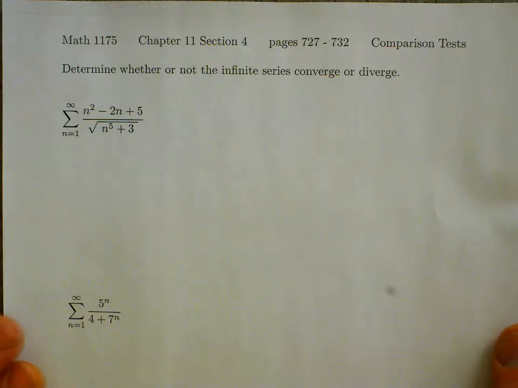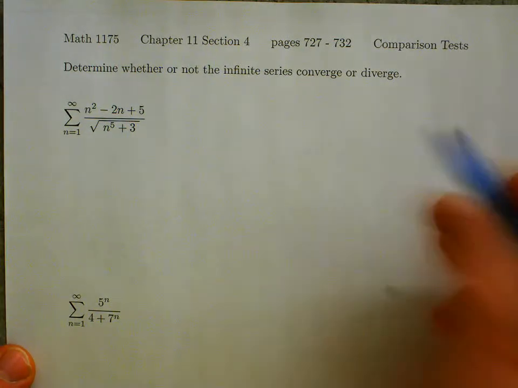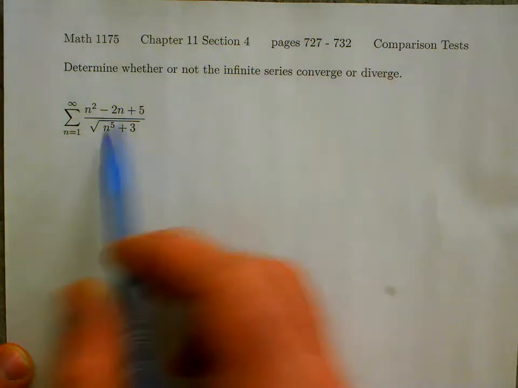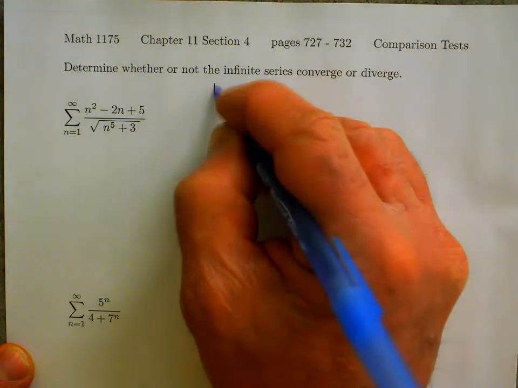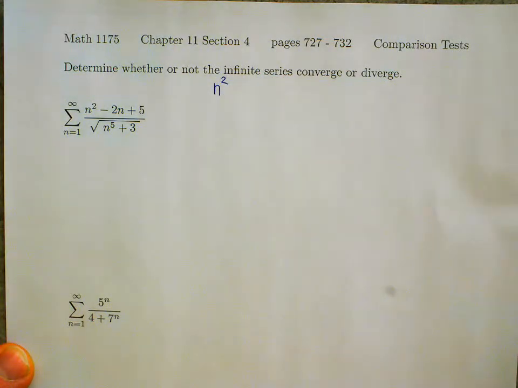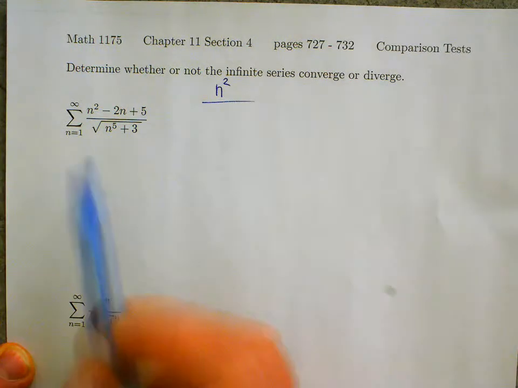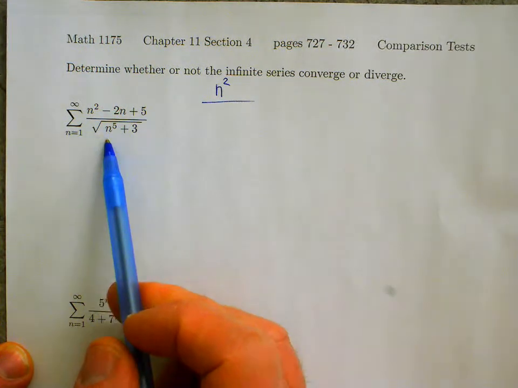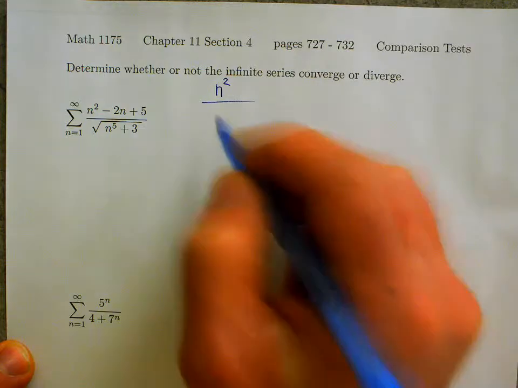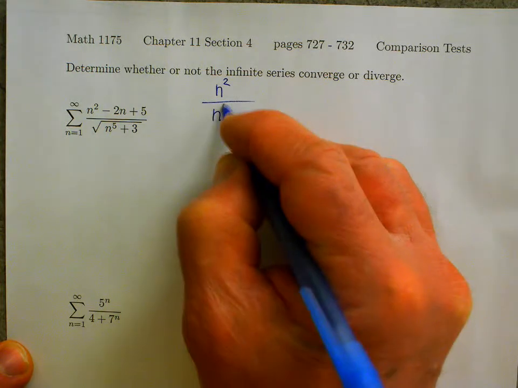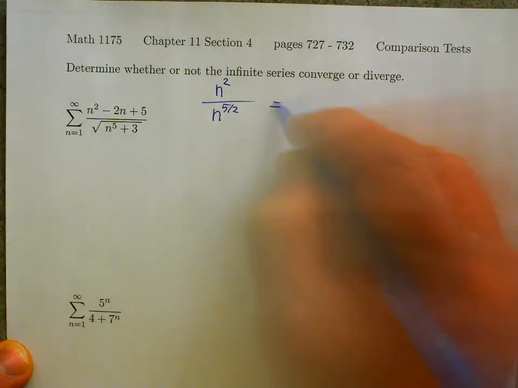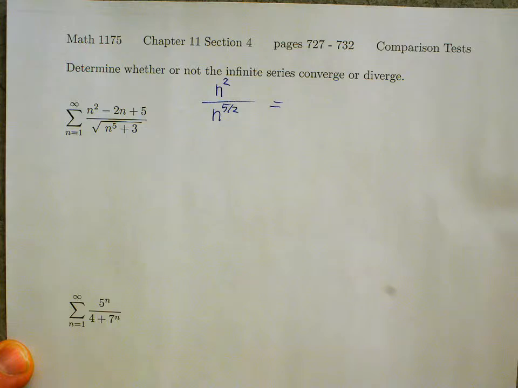And so my suggestion was to look at the largest power in the numerator and the largest power in the denominator. So the square root of n to the fifth in the denominator is n to the 5/2. And then simplify this.